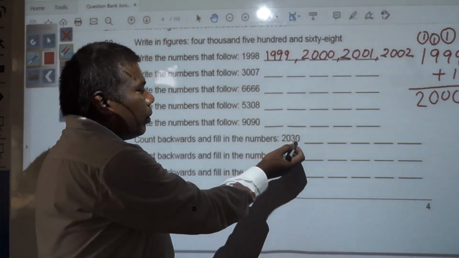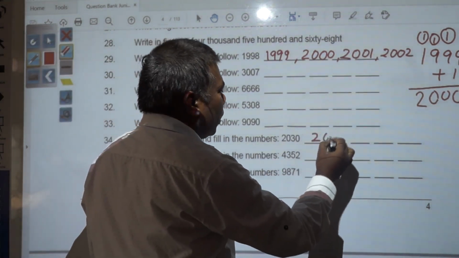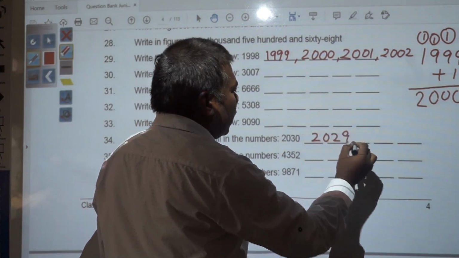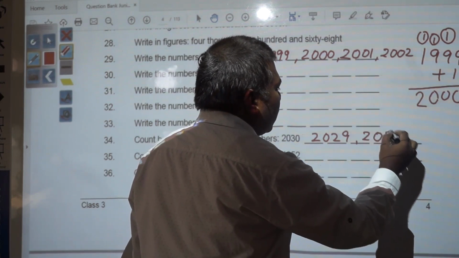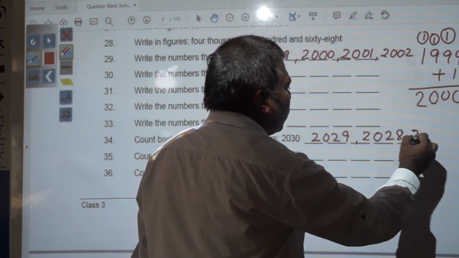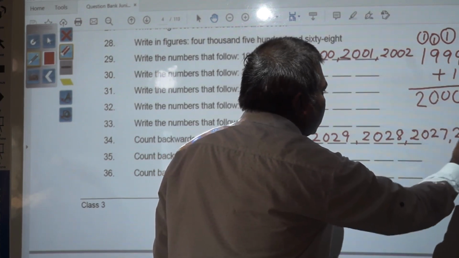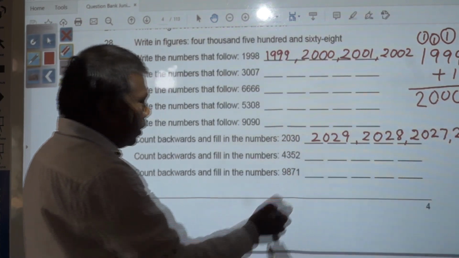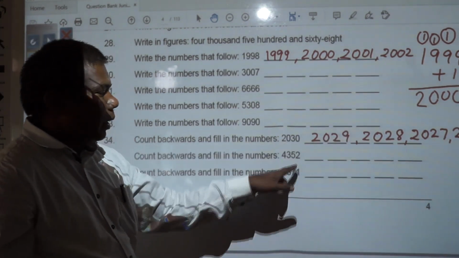Before 30 what comes? 29. So this will be 2029. Next 2028. Next 2027, 2026. In this way the other questions also can be solved. Simply backward counting has been made.